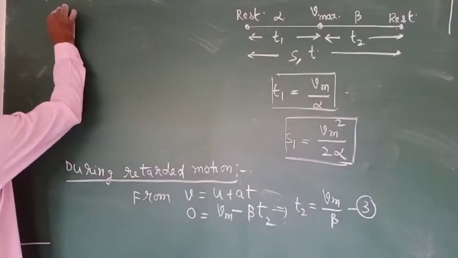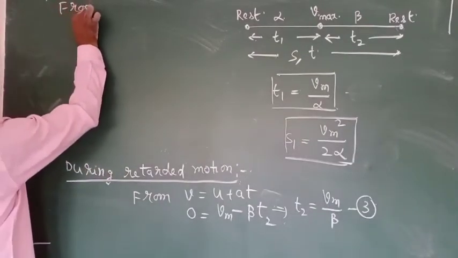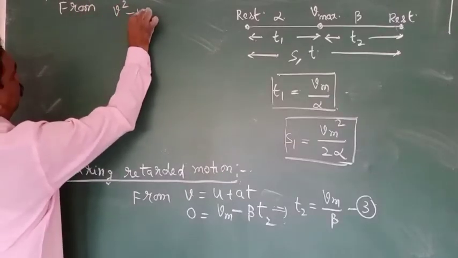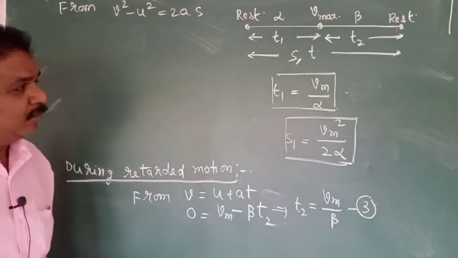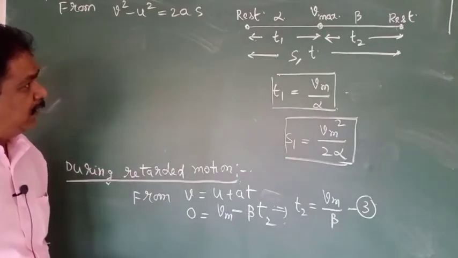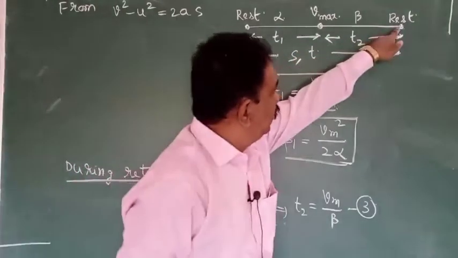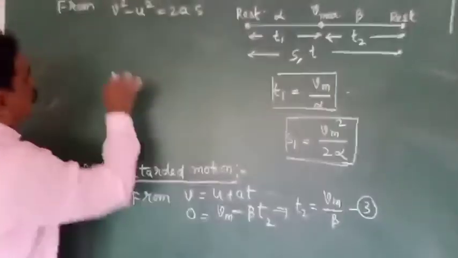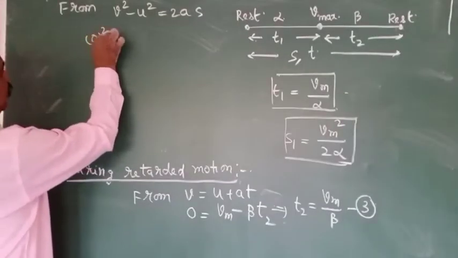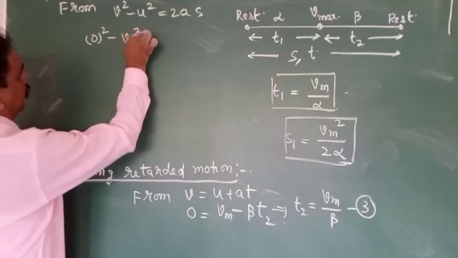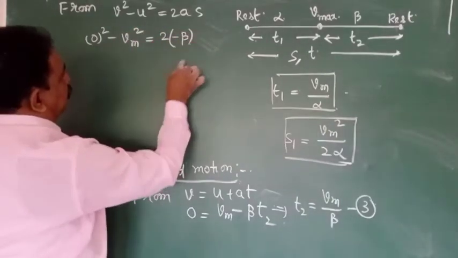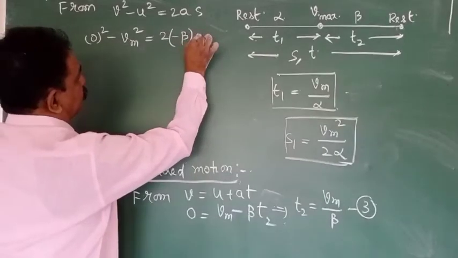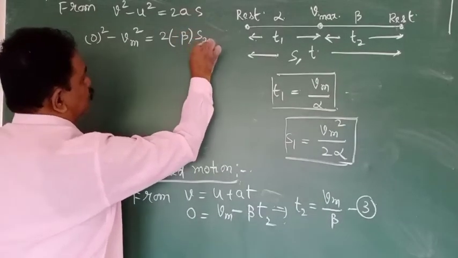Next, from v square minus u square is equal to 2as. So what we will get, see here, v, this is u, 0 square minus vm square is equal to 2 into minus beta into s2.